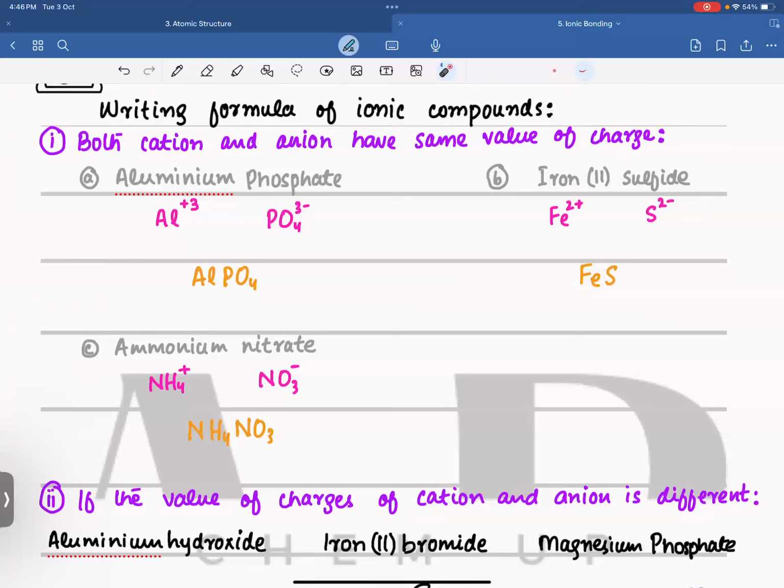What is it? Iron 2, which means iron has a 2 positive charge. What is the symbol of iron? Fe. Bromide.